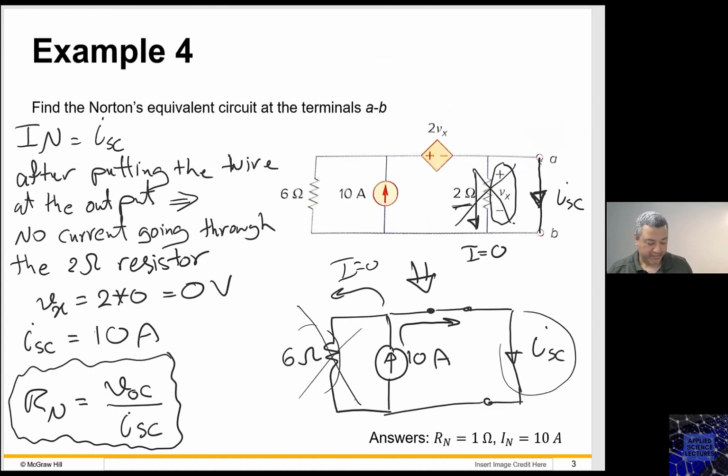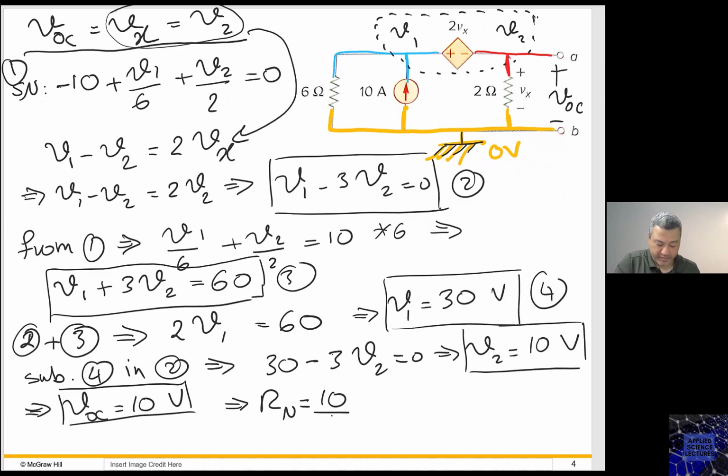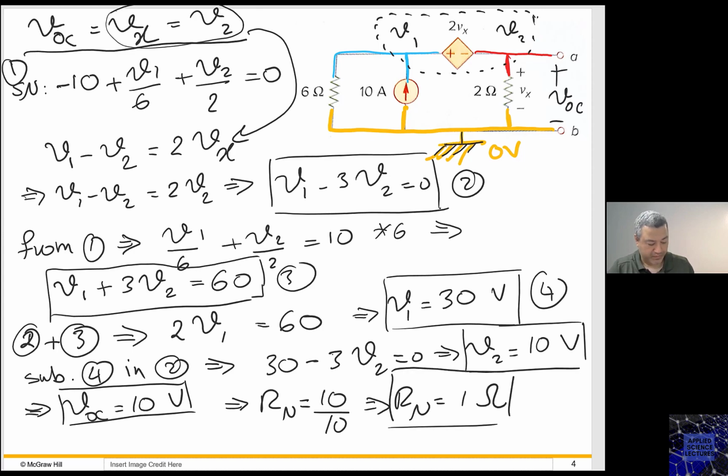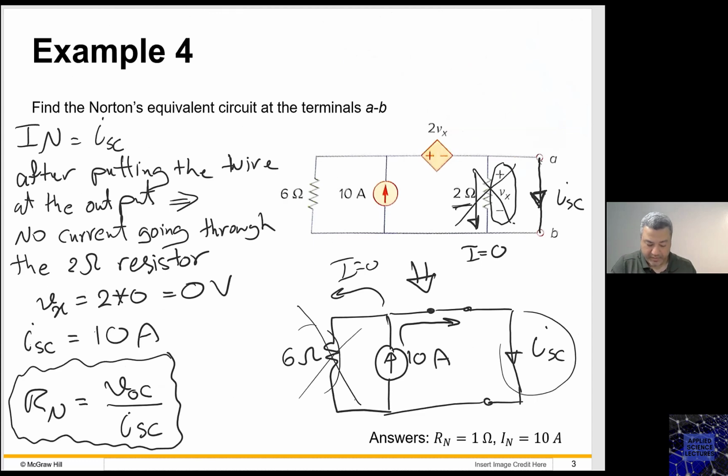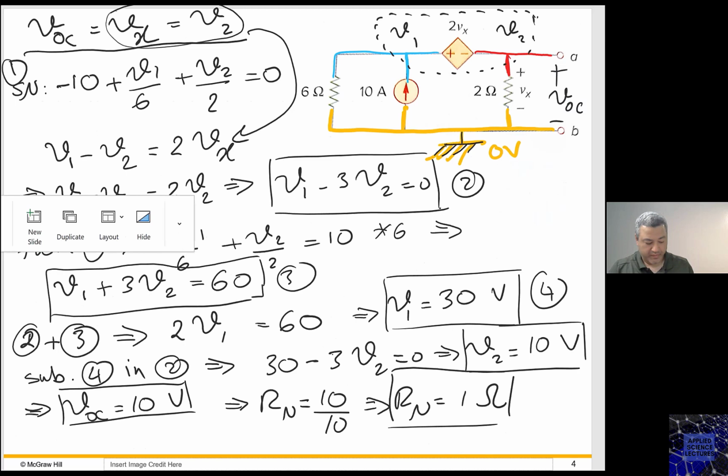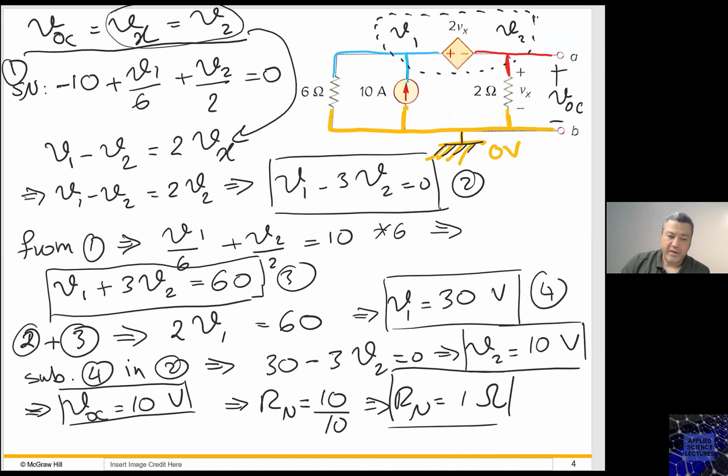By 10 amperes. So R Norton is 1 ohm, right? So this is how we can solve for Norton's and even Thevenin's.